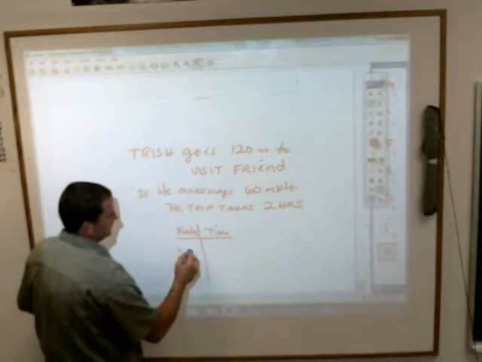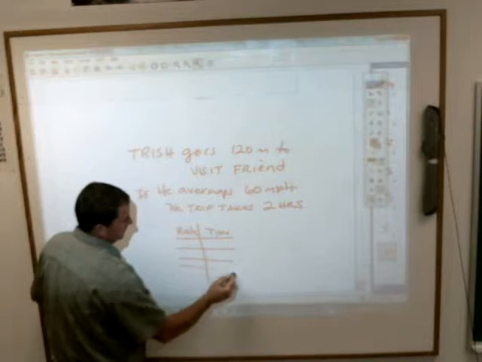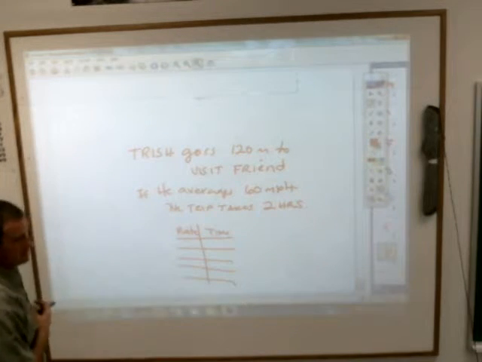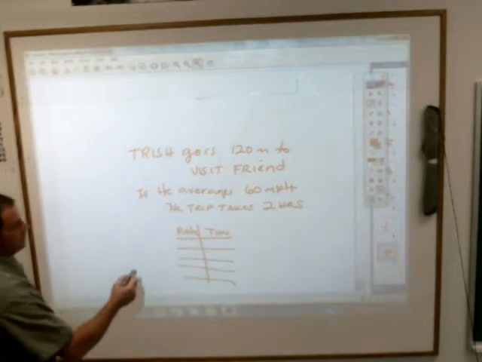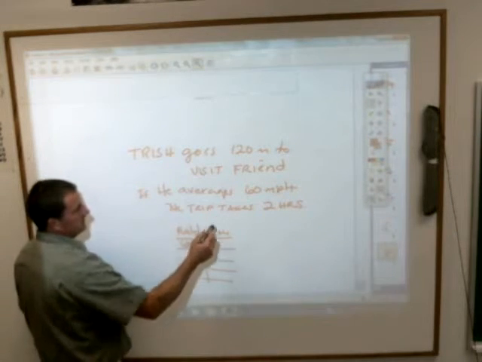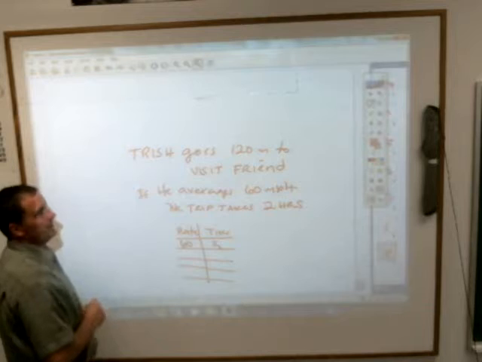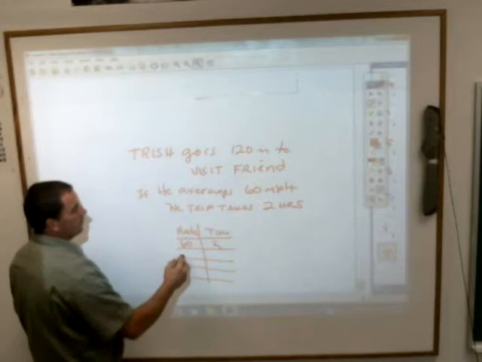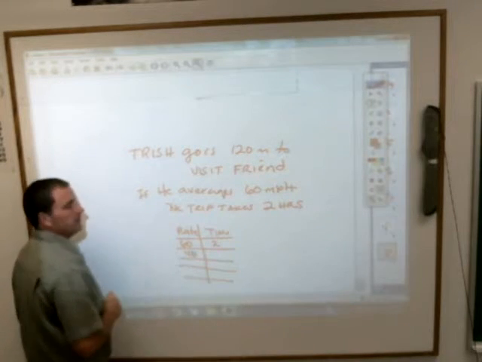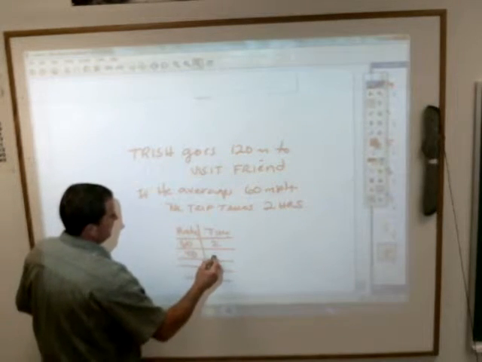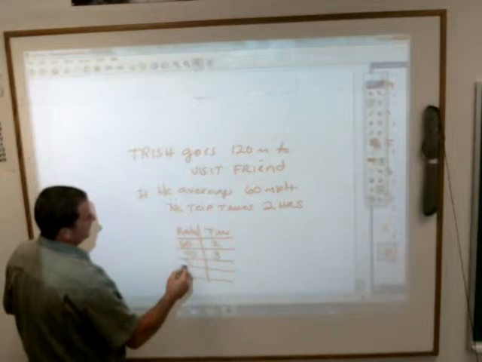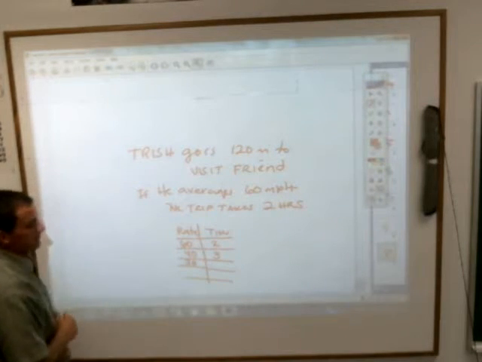This is an example of inverse variation because we know his rate was 60, he went 2 hours. What if his rate was slower? He went 40 miles an hour, then the trip is going to take how long? 3 hours.